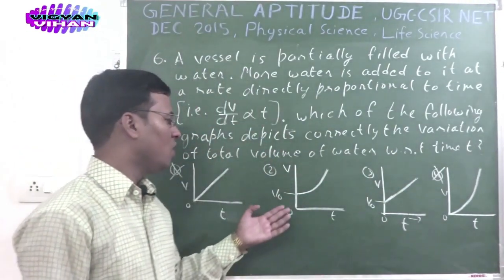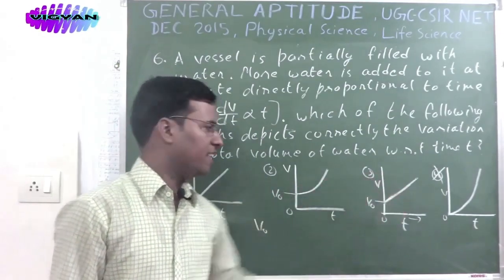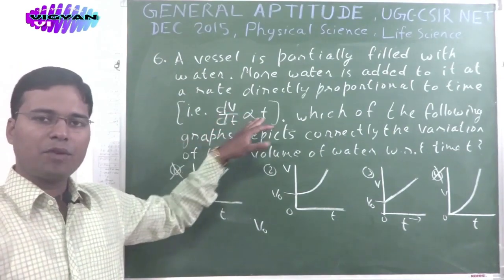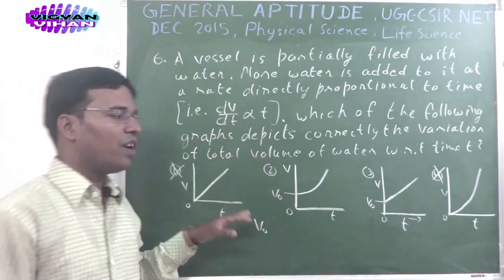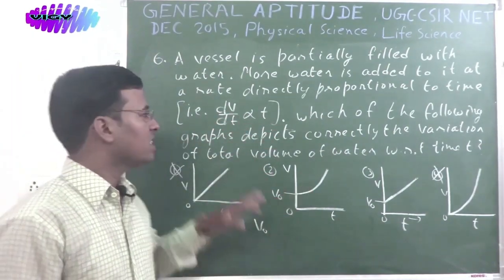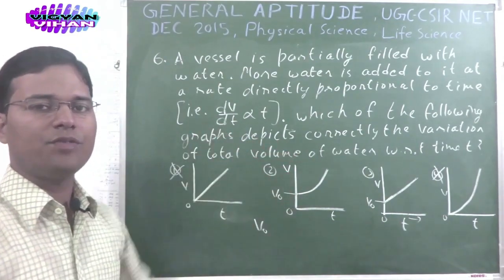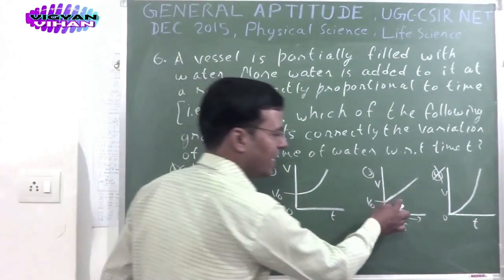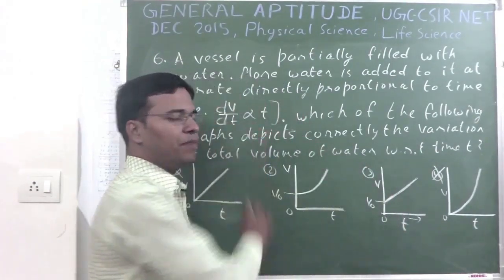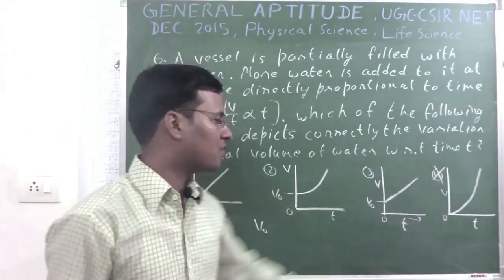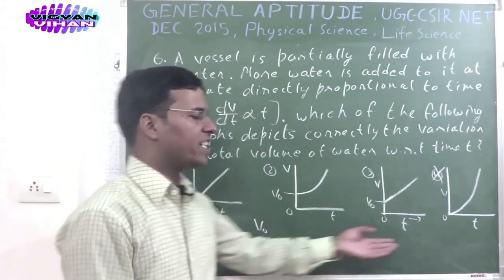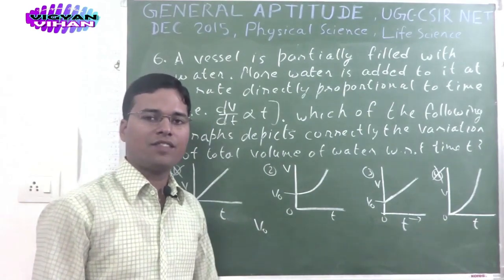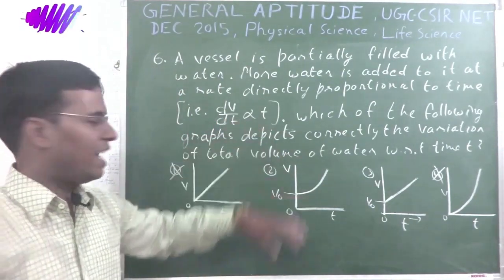Now, consider options 2 and 3. The rate of the volume increase is proportional to t. So, if the time increases, then the rate of change of volume will increase. In option 3, the rate of change, meaning the slope of the curve, is constant with respect to time, but here the slope of the curve is increasing with time.